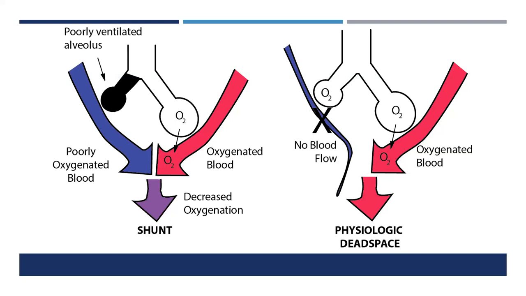So an area with ventilation but no perfusion is called a dead space. Okay, an area with perfusion but no ventilation is called a shunt.